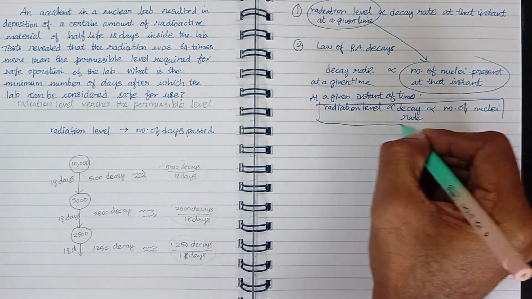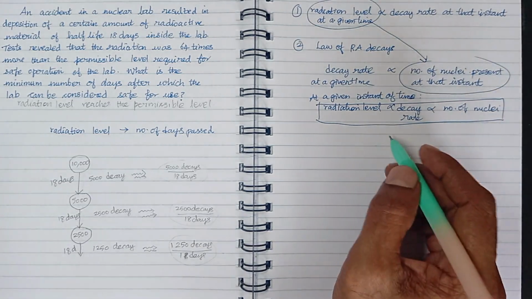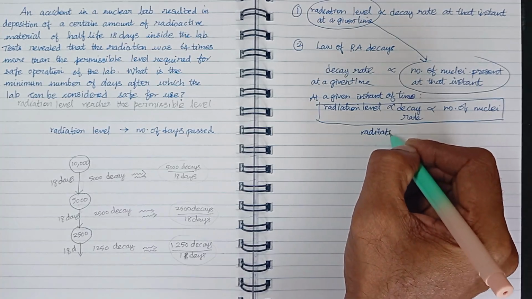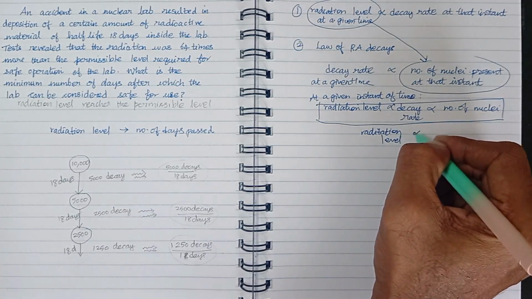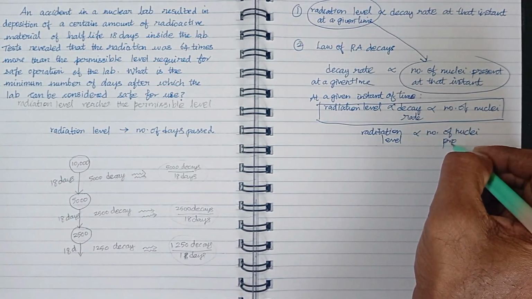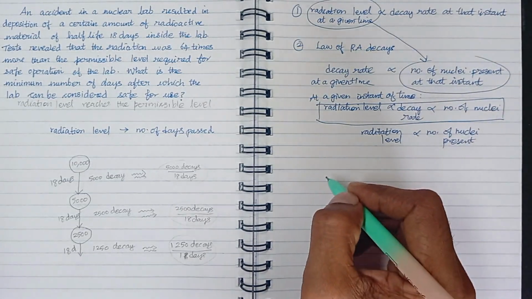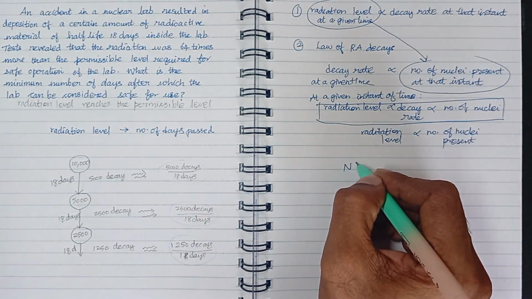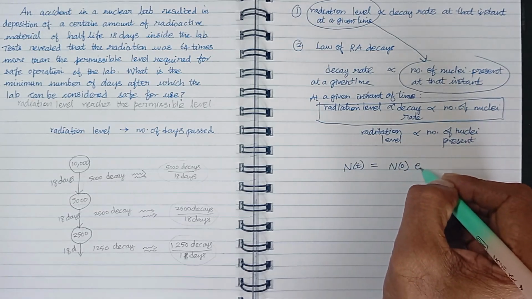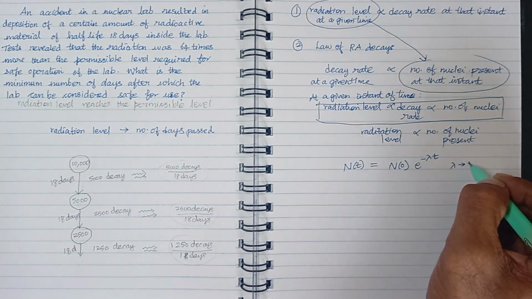Radiation level is directly proportional to the decay rate, which in turn is directly proportional to the number of nuclei present. So radiation level is directly proportional to the number of nuclei present, and this number of nuclei decreases with time. That is given by the radioactive decay equation: the number of nuclei present at time t is equal to the number of nuclei at time t equal to 0, into e power minus lambda t, where lambda is the decay constant.